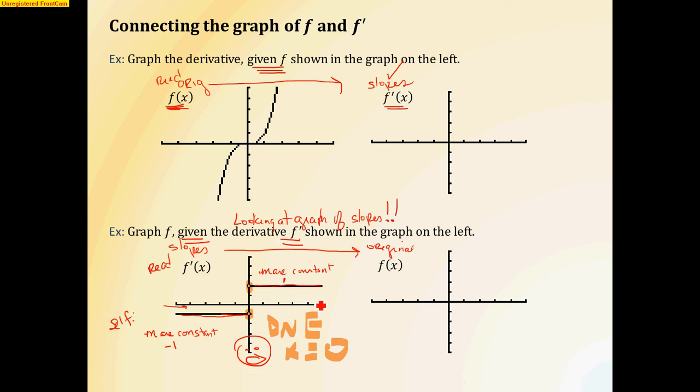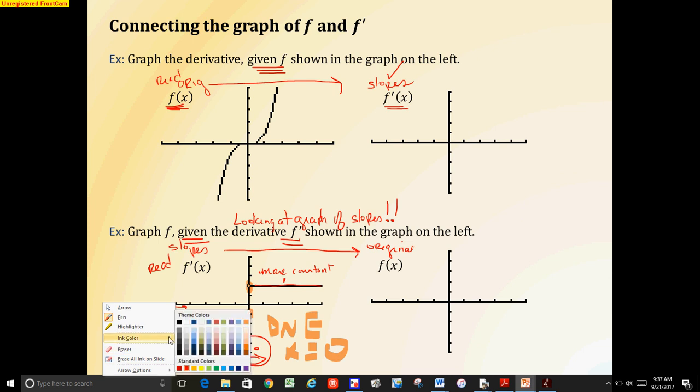What graph do you know whose slopes are constantly -1? Not the function value is constant, the slope is constantly -1. And then at x equals 0, the slope immediately changes to +1. Can you graph that?